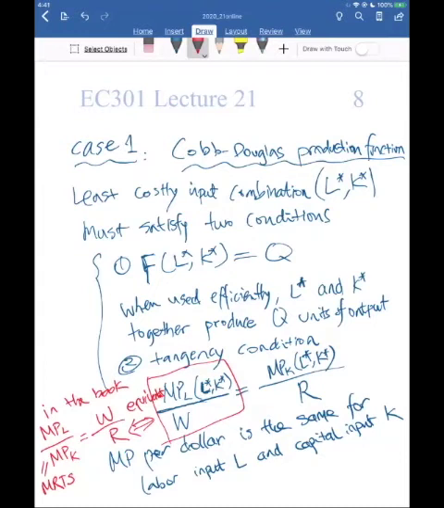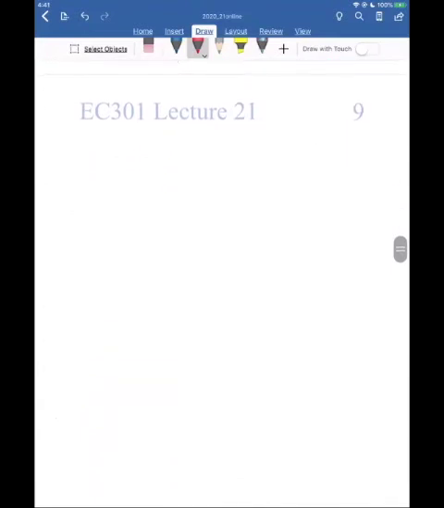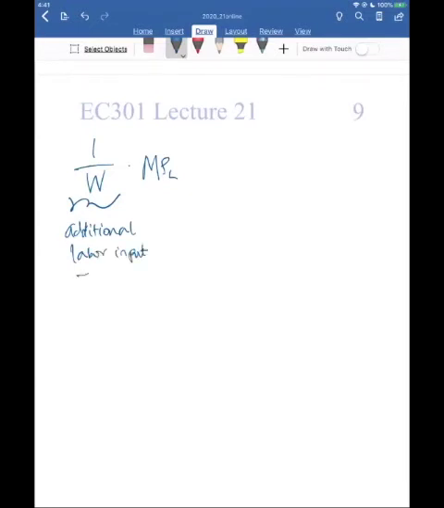Let me actually write this down: 1 over W times MPL. This is the additional labor input one can get from $1.